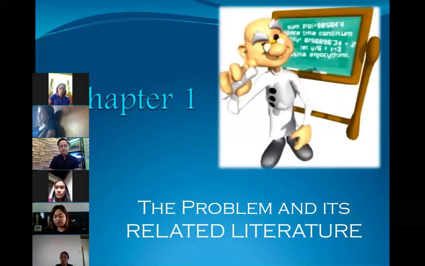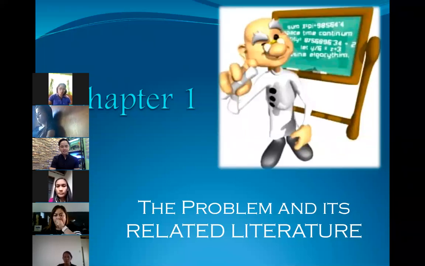So if you came from another university, their format is chapters 1, 2, and 3, and related literature is found in chapter 2. But at Mekawayan College, the related literature is incorporated in chapter 1. That's why chapter 1 is entitled The Problem and Its Related Literature.